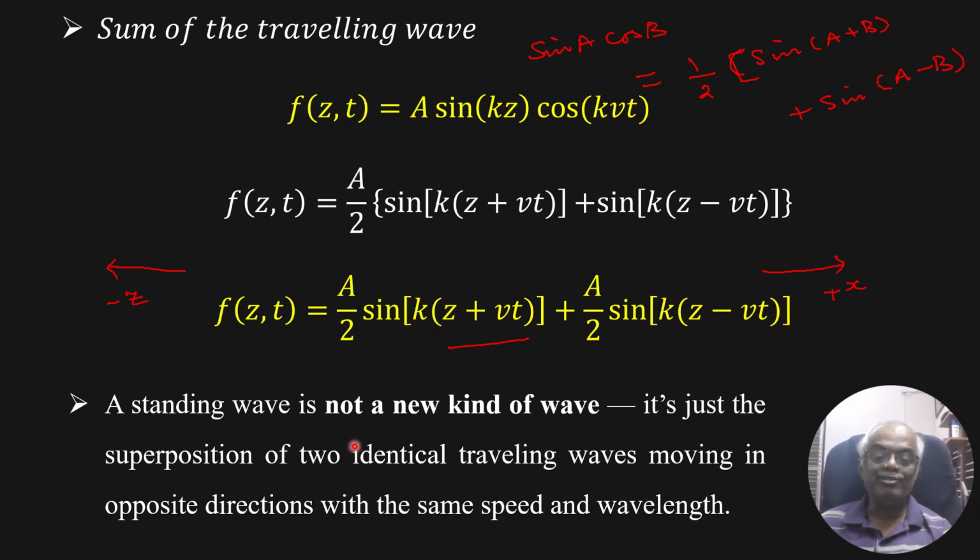So a standing wave is not a new kind of wave. It is just the superposition of two identical traveling waves moving in opposite directions with the same speed and same wavelength. This is our important conclusion in this problem.